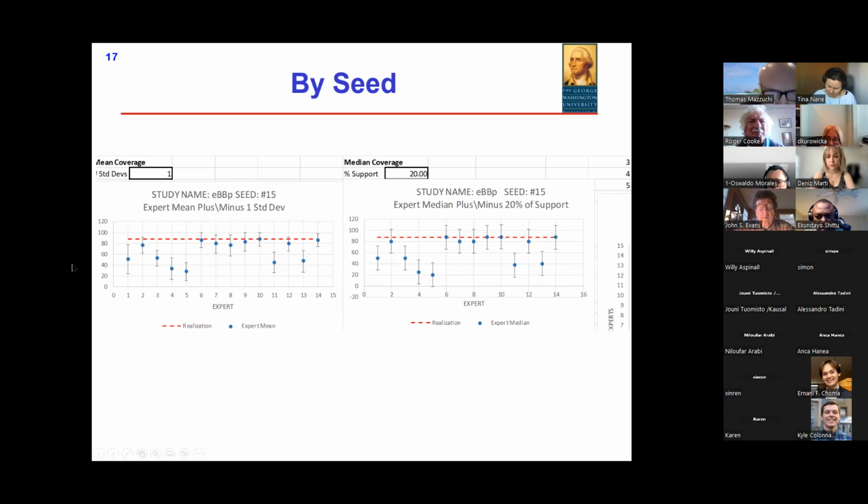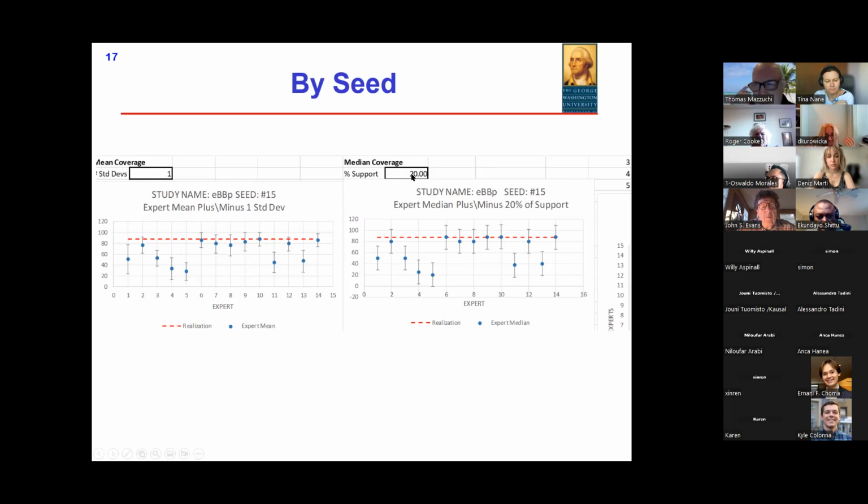I was having fun with these because here you can put in a standard deviation value and it'll plot the mean plus or minus that standard deviation value. And the experts' distributions all have different variances and different means, so you can see the size of the bars change a little bit. And then the dotted line is where the realization is. So you can see which of these are within 1 standard deviation of the realization, or 2 standard deviations if you put 2 in there, and so forth.